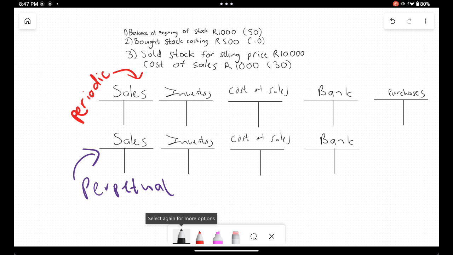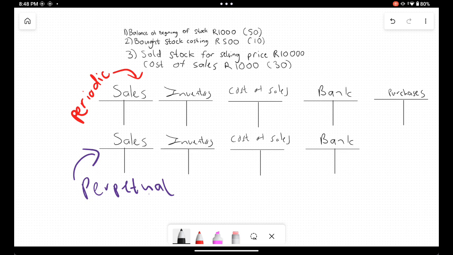The problem is, in the periodic, it doesn't record cost of sales. So for the whole of January, the periodic won't have any figures in cost of sales, unlike the perpetual. With perpetual, as soon as you sell stock, you get all these amounts automatically. It's a system, a machine, all automatic, doing it for you.